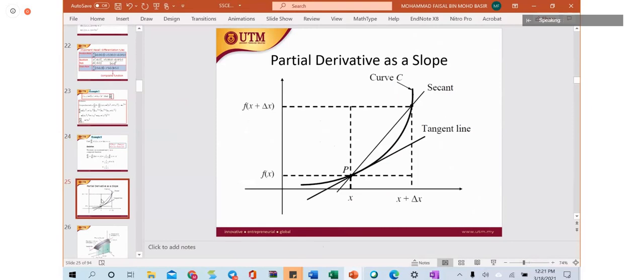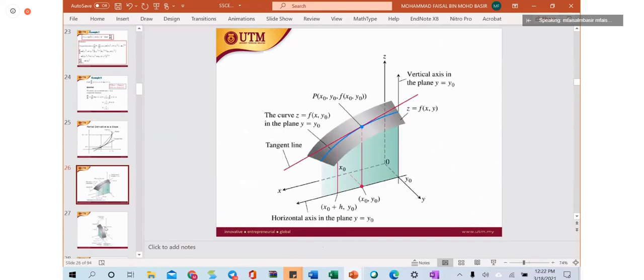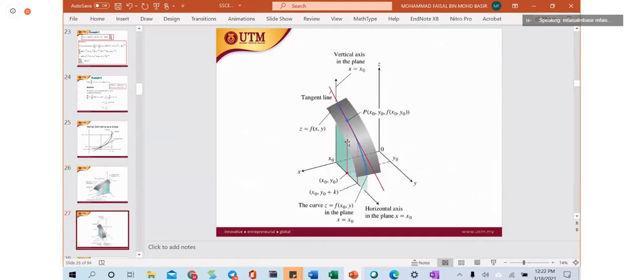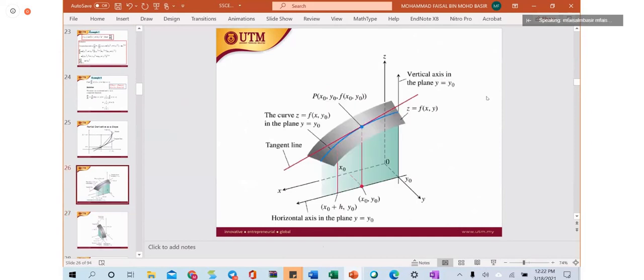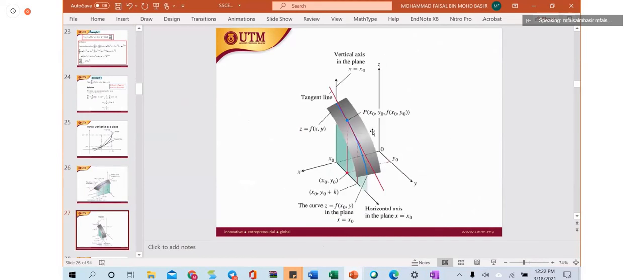Okay, partial derivative as a slope. This you don't need to know so much. This also you don't need to know because it's not covered in the syllabus. It just wants to show that when you differentiate with respect to x, x is changing and y is constant. So this is a graphical interpretation. While differentiating with respect to y, x is constant. So they are moving here for each point.